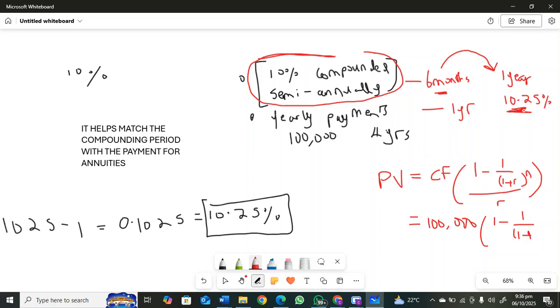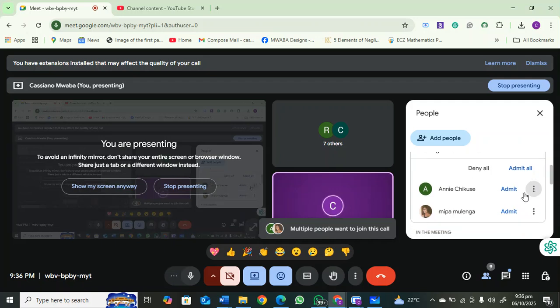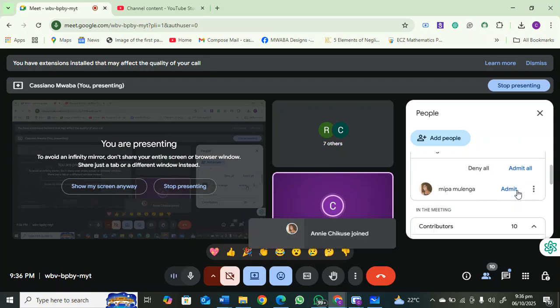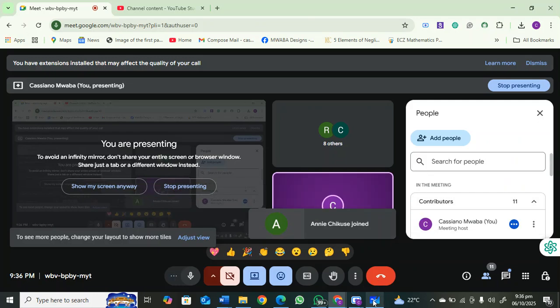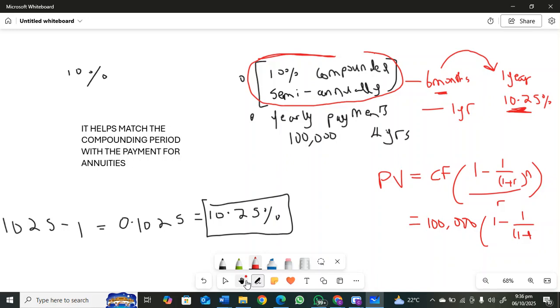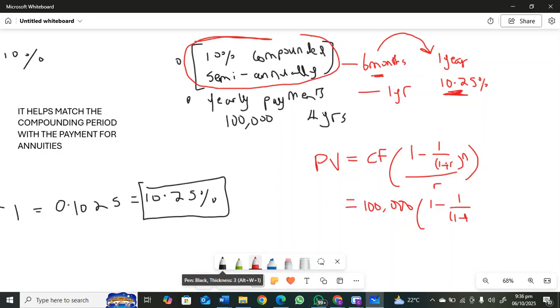That's what we're going to use. So here there was no need to divide R by M or multiply T times M, because we've equalized everything. This R is the effective annual interest rate.